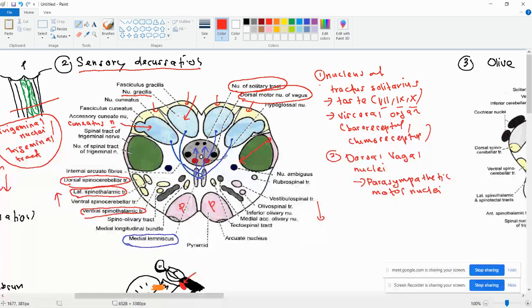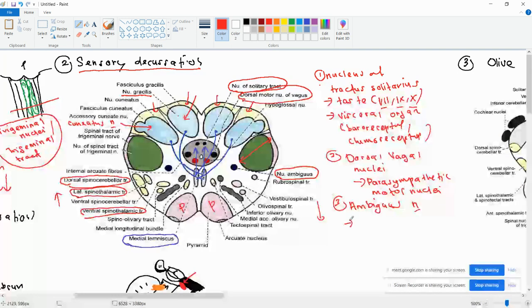Right, the third one, class. The third nuclei that you should know, the last one, we call the nucleus ambiguus, or ambiguous nuclei.